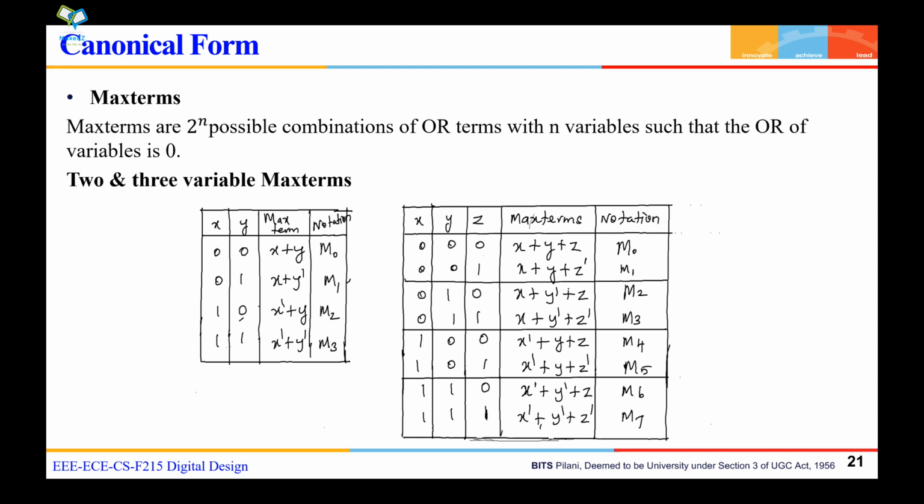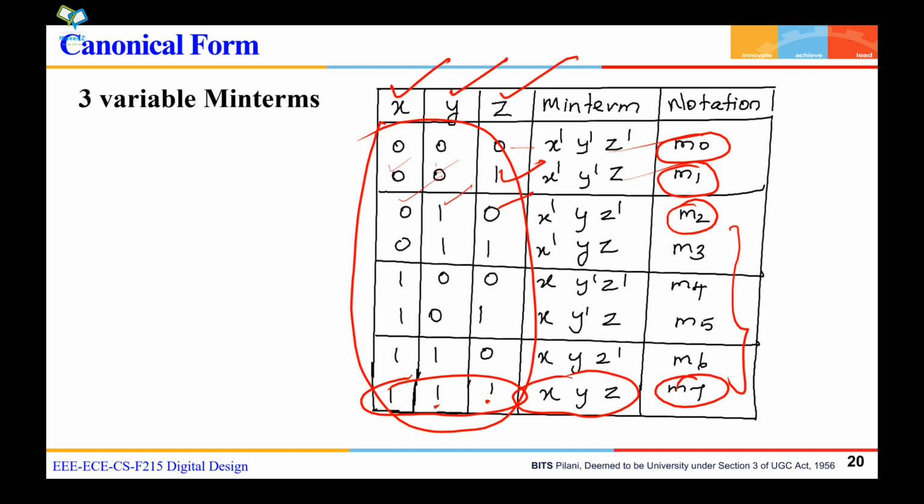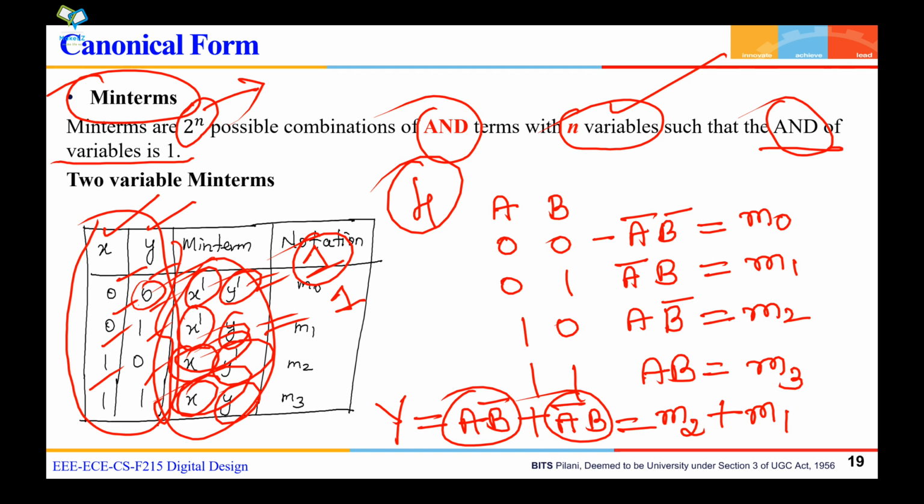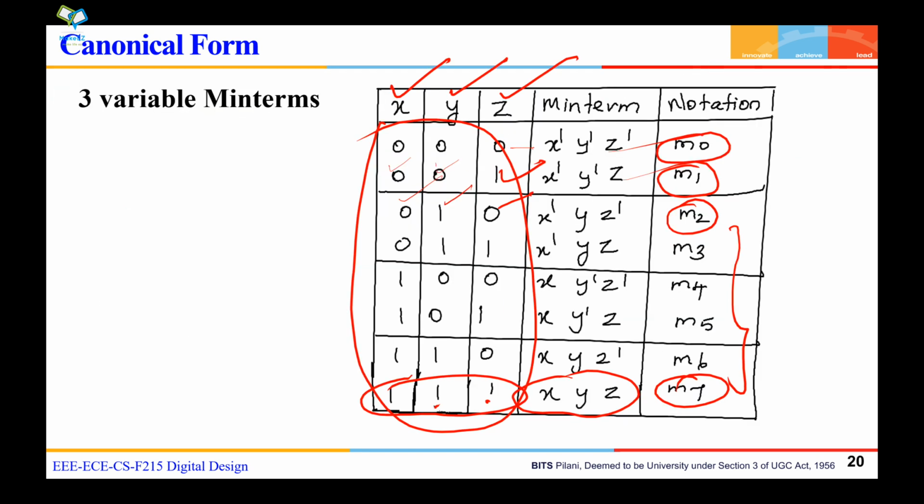Hope you understood the concept of minterms. Right? Similarly, you have max terms. In max terms, in place of AND, you have OR. Earlier you took the AND operation, here also the AND operation.